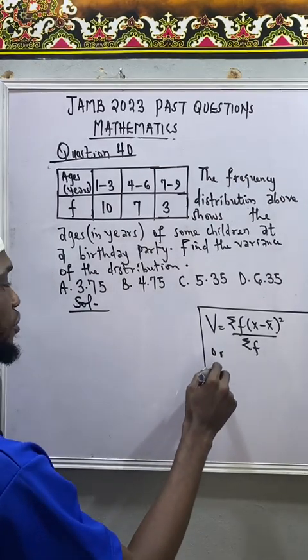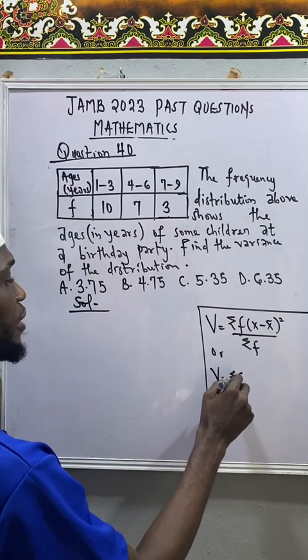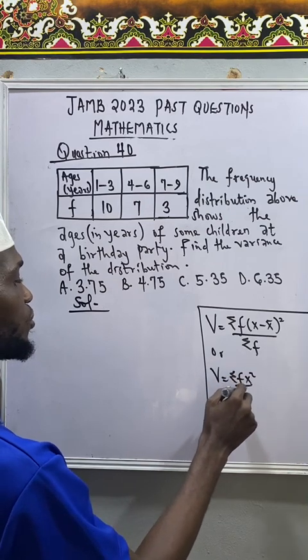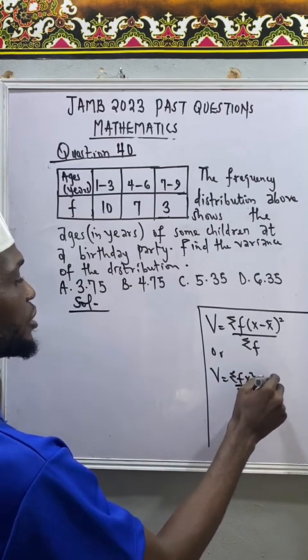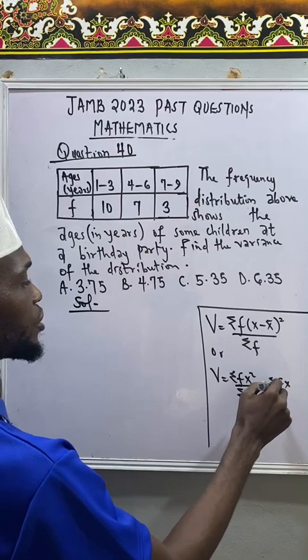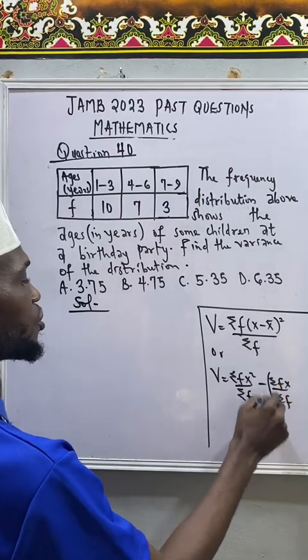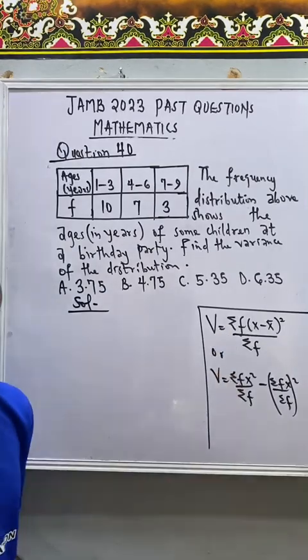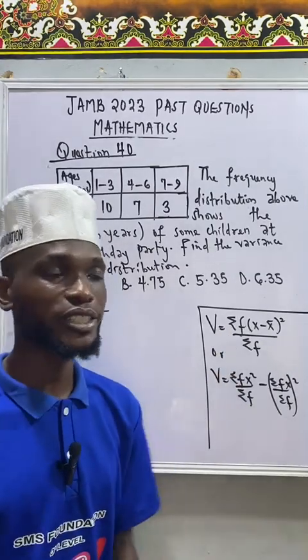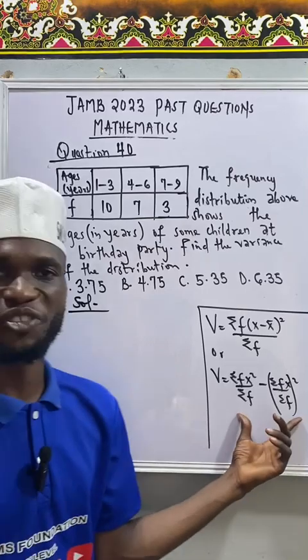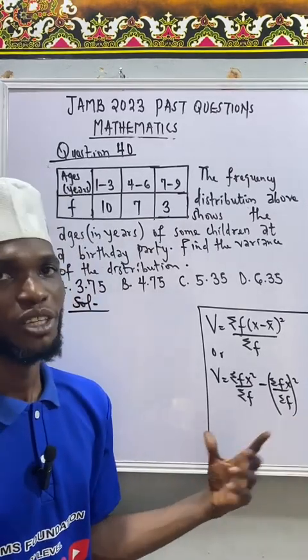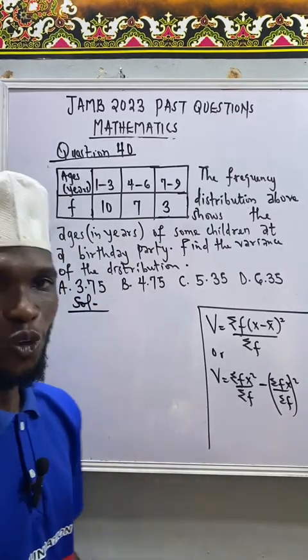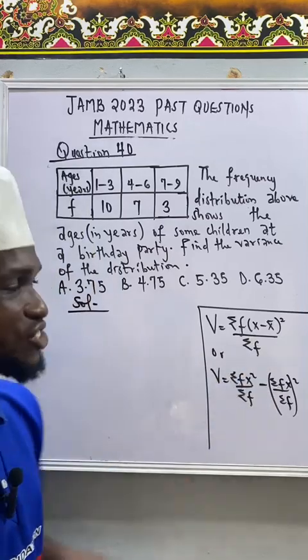Or we take it as V equals sigma f x squared all over sigma f, minus sigma fx all over sigma f, all squared. We can use any one of these two formulae, but I would prefer the second one because it is always direct and it's not stressing.